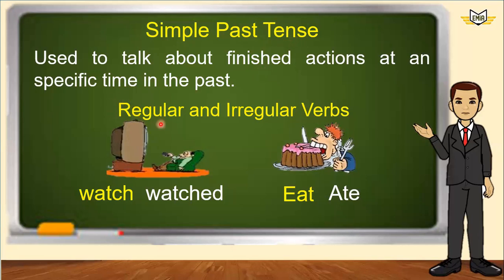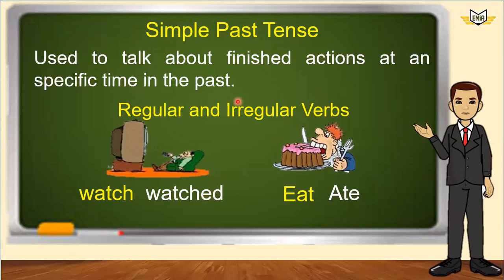When it comes to simple past, we need to mention that we have regular and irregular verbs. Regular verbs are the ones that take the past form by adding ed.